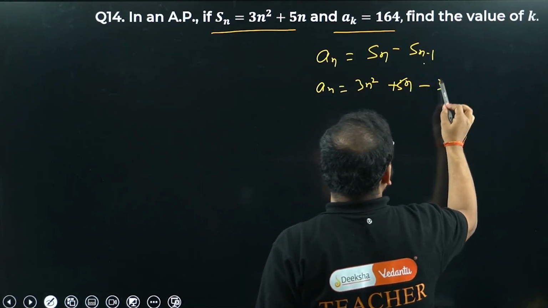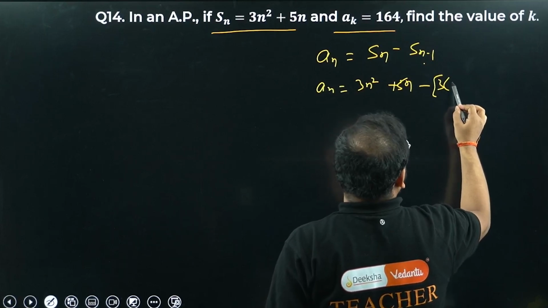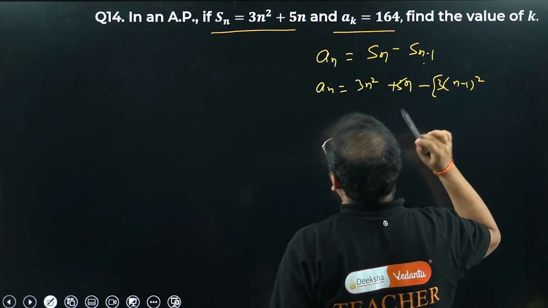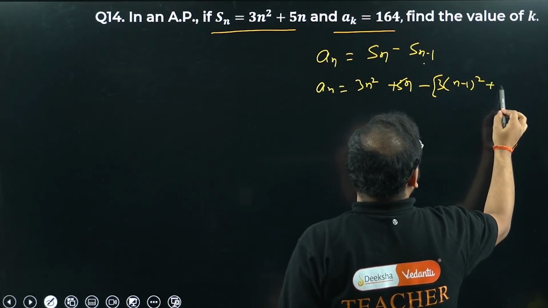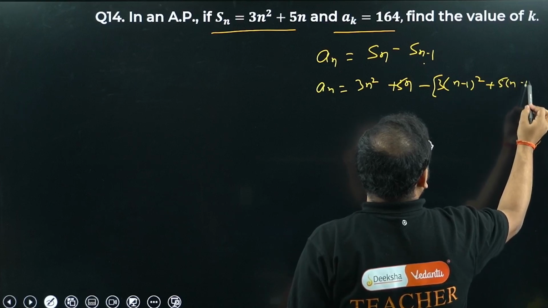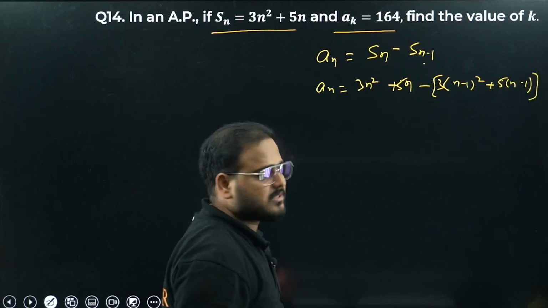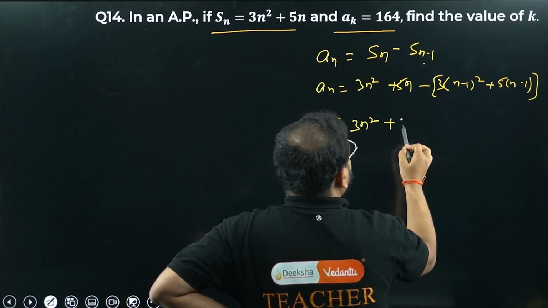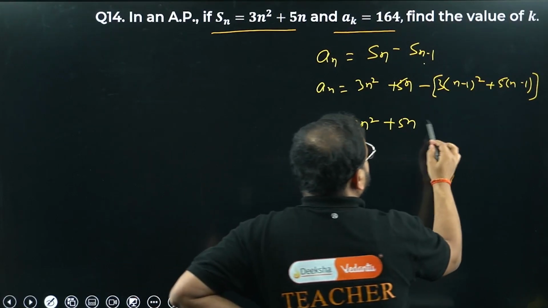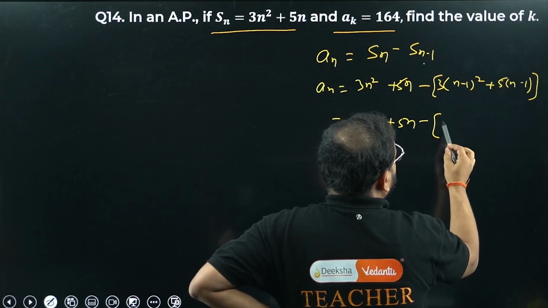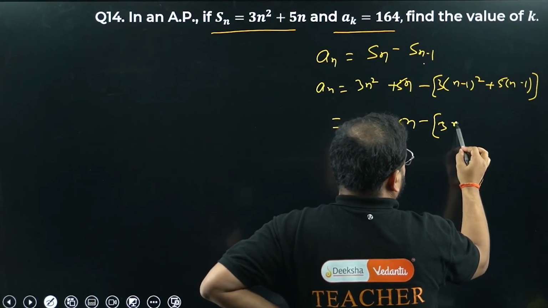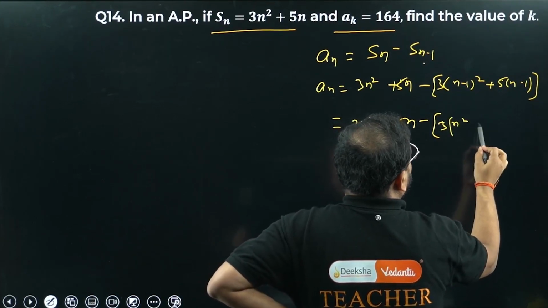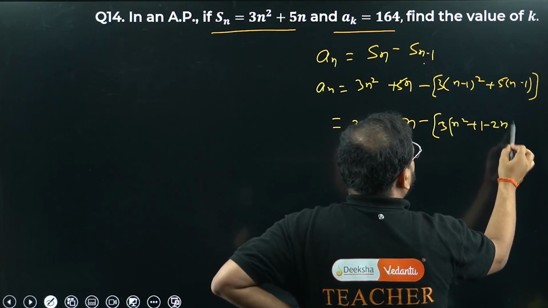So right here minus 3 times n minus 1 the whole square, plus 5 times n minus 1. Great. Have a look. So 3n square plus 5n. Now what is this? Check here. 3 times n square plus 1 minus 2n, right?